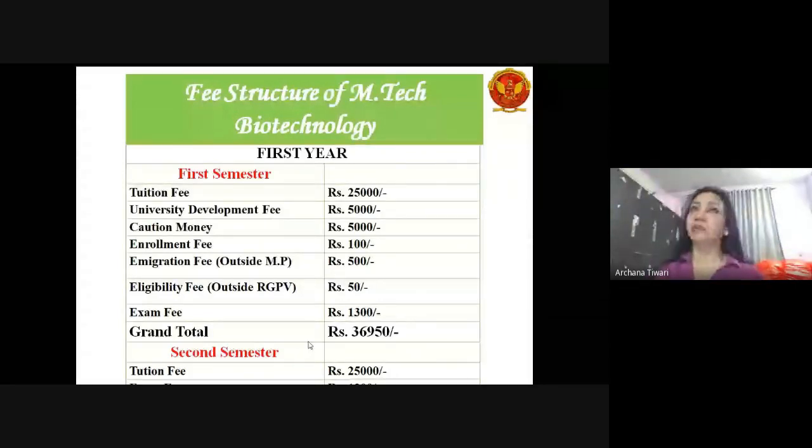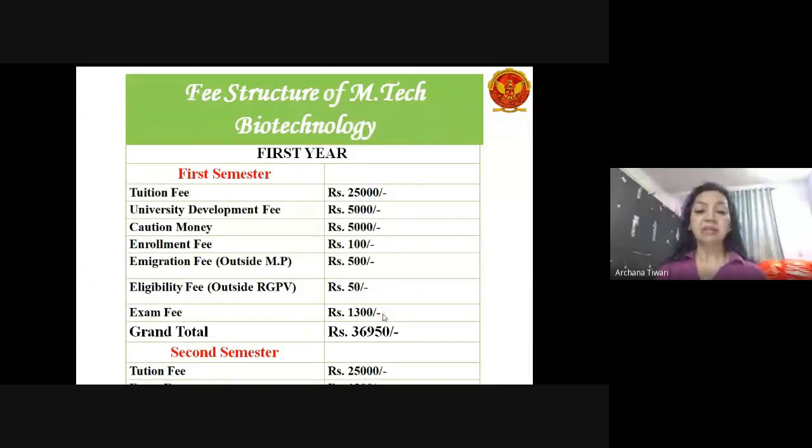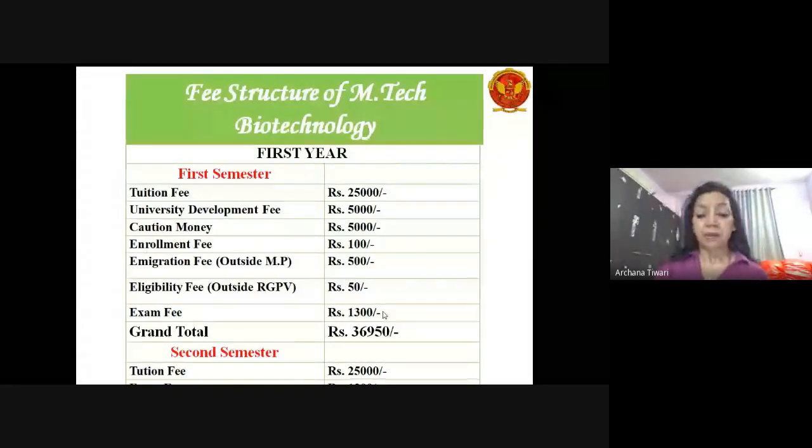The fee structure is very nominal: 25,000 tuition fee per semester, along with the other developmental fees, caution money, and enrollment fees. The total fees for the first semester is 36,950 for the MTech Biotechnology, and the same structure is applicable for PGCMB.